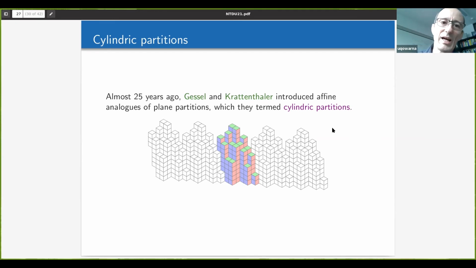I'm not sure I really like the term cylindric partition. I would have preferred them to be called something like affine plane partitions, because after all, we want to go from Lie algebras or Lie groups to affine things. And this is very much an affine analog of plane partitions. In any case, they called it cylindric.